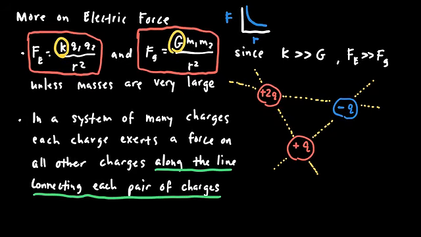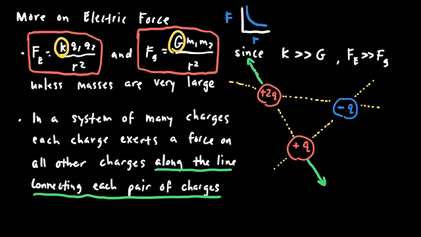And that's important. If I'm looking at the plus 2q charge and the plus q charge, those are like charges, and so they will exert a force on one another that causes them to repel one another. Those repulsive forces would be along this line connecting those two charges, pointing away from one another.